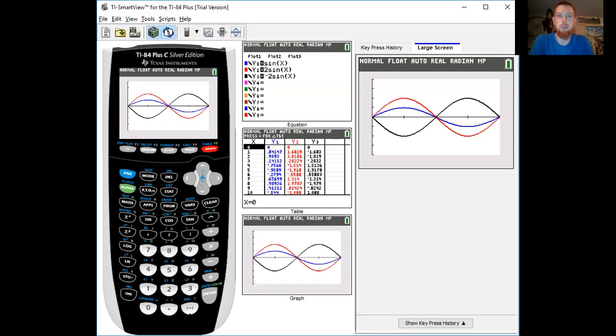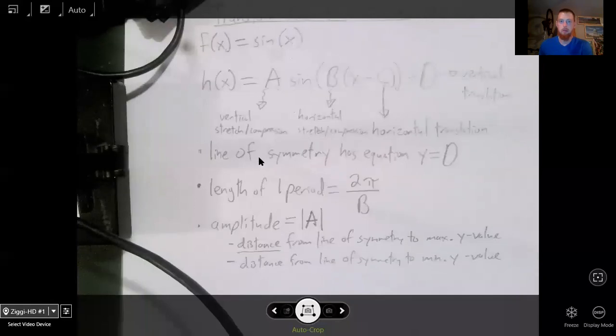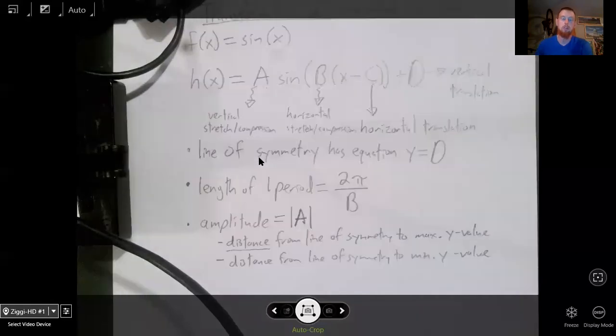That'll be a good springboard into your assignment for this week. If you have any questions about these transformations and how they work, now would be a good time to pause, jot down those questions that you want to ask in Zoom class, and pick it back up once you've got those jotted down.